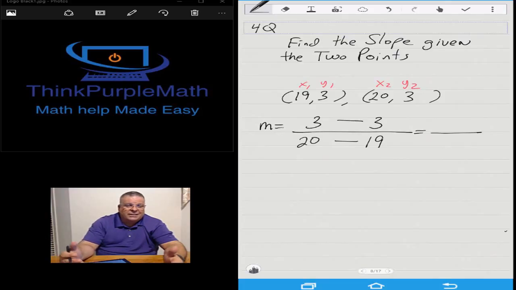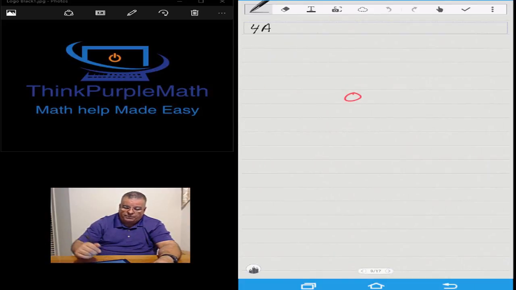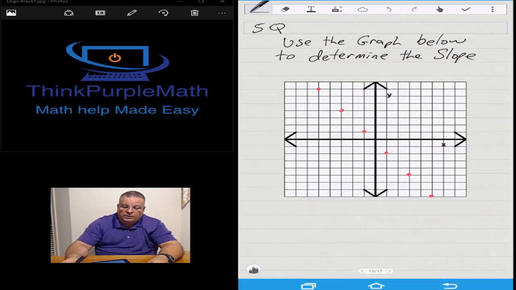Well, there's a problem here. Well, it's not really a problem, but look what happens. 3 minus 3 is 0, and 20 minus 19 is 1. Anytime you have a 0 in the numerator, 0 divided by anything happens to be 0 as your final answer. Sometimes if you get 0 on the bottom, that would be called undefined, and you get that later on. There's our 0.